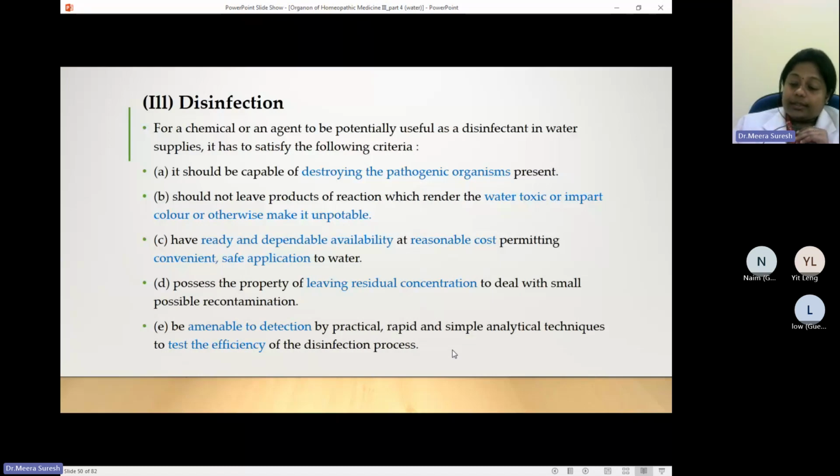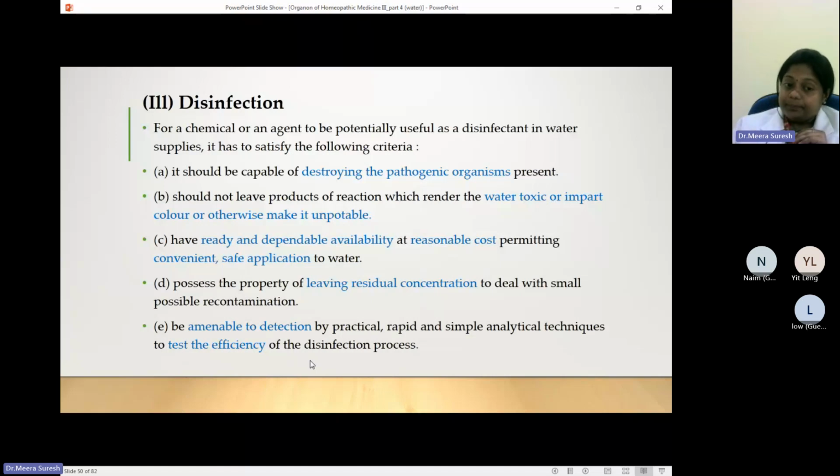disinfecting the water, then after that we should be able to do some chemical reactions, some test by which we know that okay, chlorine is still present over there and in how much quantity, whether this is going to cause any change of taste or smell in case of water, and whether this is enough for the organisms to get killed.